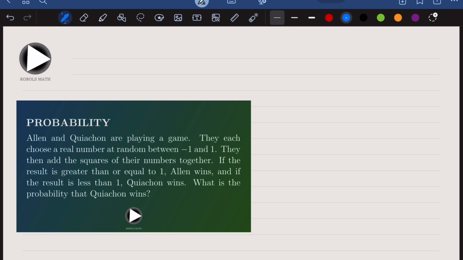This problem is a probability type problem. However, unlike most of the probability problems that we encounter in math competitions, this one does not involve discrete numbers, meaning the variables involved are not countable.